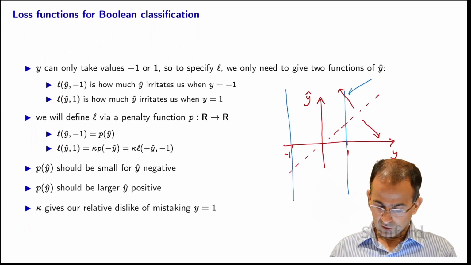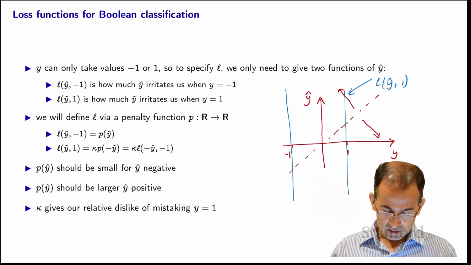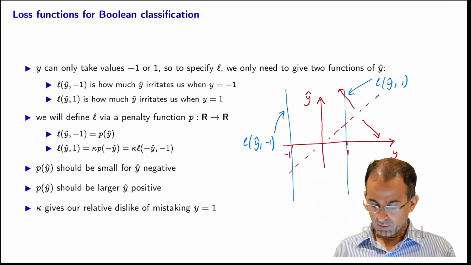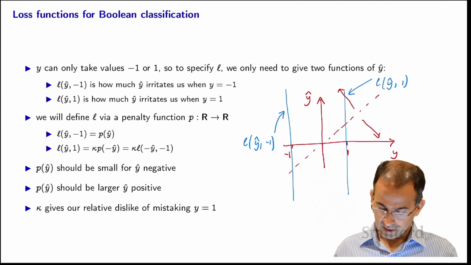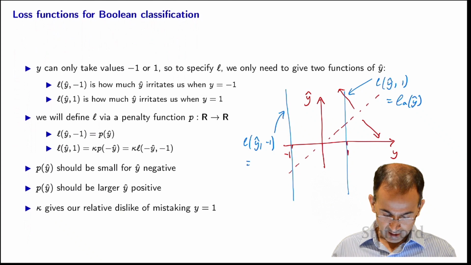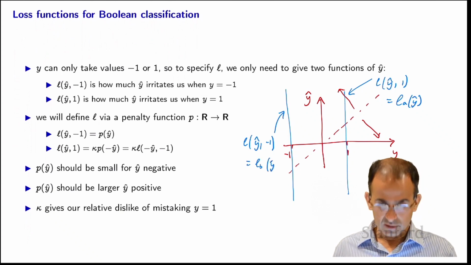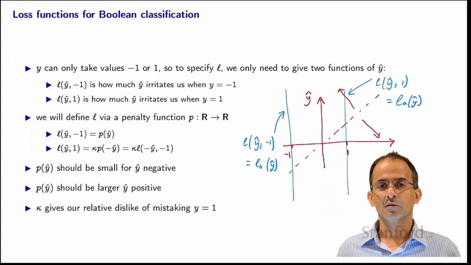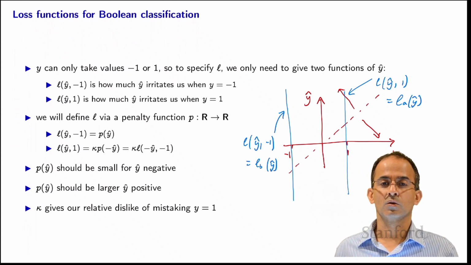Along that line the function is L of y hat, 1, and along this line it's L of y hat, minus 1. Now, we might call them something else. We might call these LA of y hat and LB of y hat, just to be explicit that even though we write them with two arguments, they really are both functions on one-dimensional space, the space of y hats.